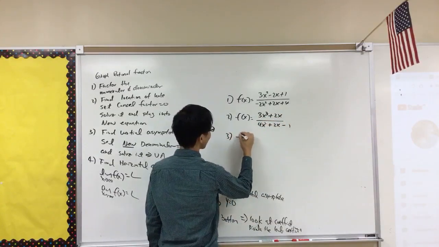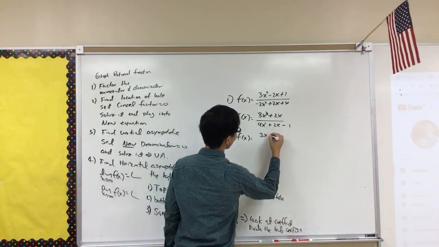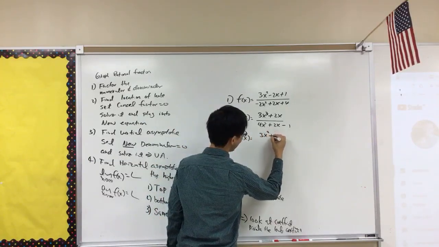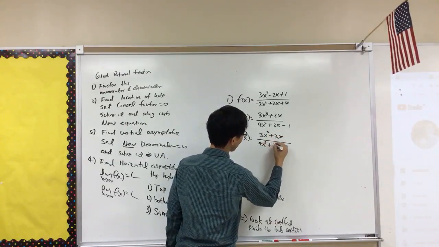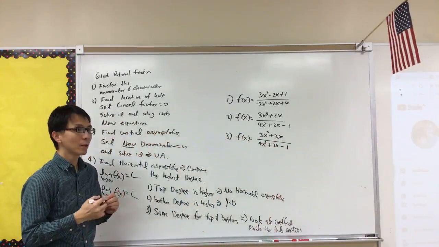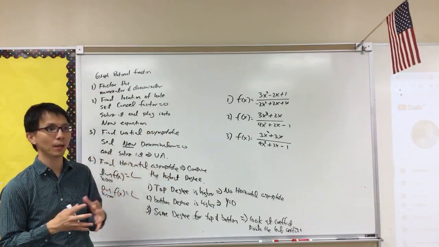And the third case is f of x equals 3x squared plus 3x over 4x to the third plus 2x minus 1. So why do we only compare the highest degree? We're going to talk about that.